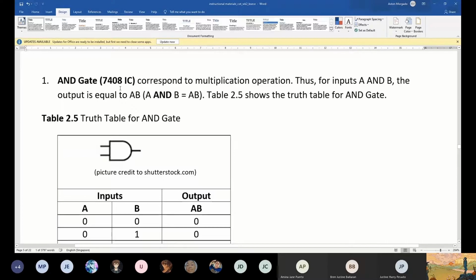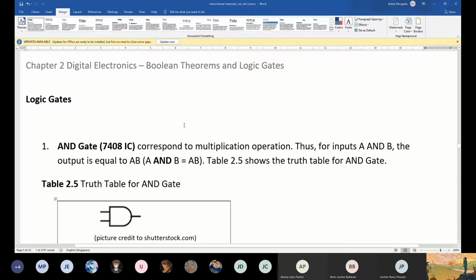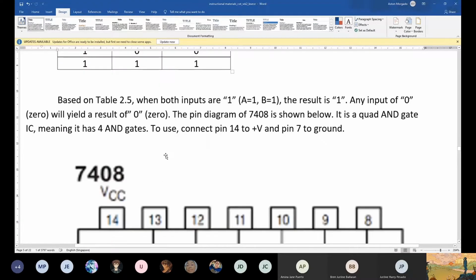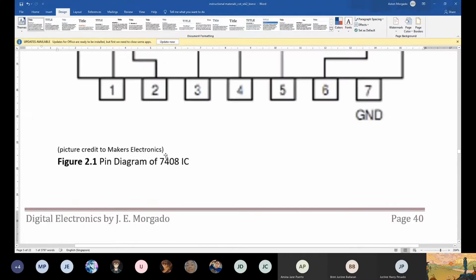When we say AND gate, or multiplication, we have an IC that is equivalent to the AND gate, and we call it 7408. So we have those ICs.